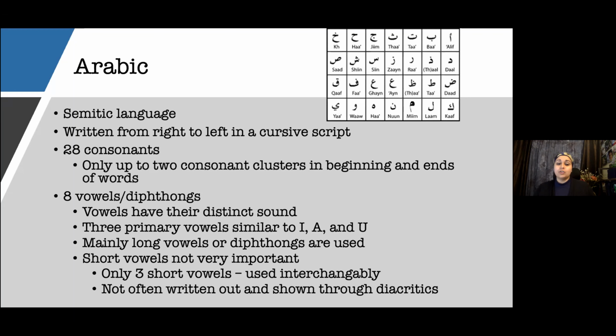There are only 3 short vowels in Arabic, and they are used interchangeably. So again, spelling errors that you might see a lot, where they're like, oh, they can't spell that word, or they keep spelling it wrong. Well, this is why. There are 6 phonemes in Arabic that are not found in English and have a very distinct sound.